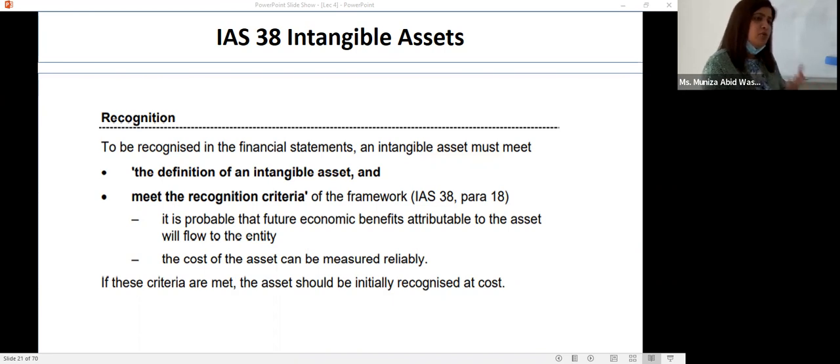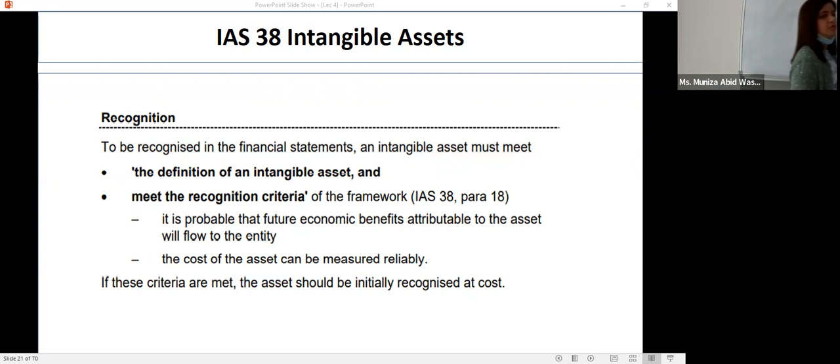We would be able to measure the cost of an asset which we have to recognize in our books of accounts. Cost means purchase price and any cost which is necessary to bring the asset to its present location and condition. So if these two criteria are met, then we are able to recognize the intangible asset in our books of accounts as per IAS 38 also.